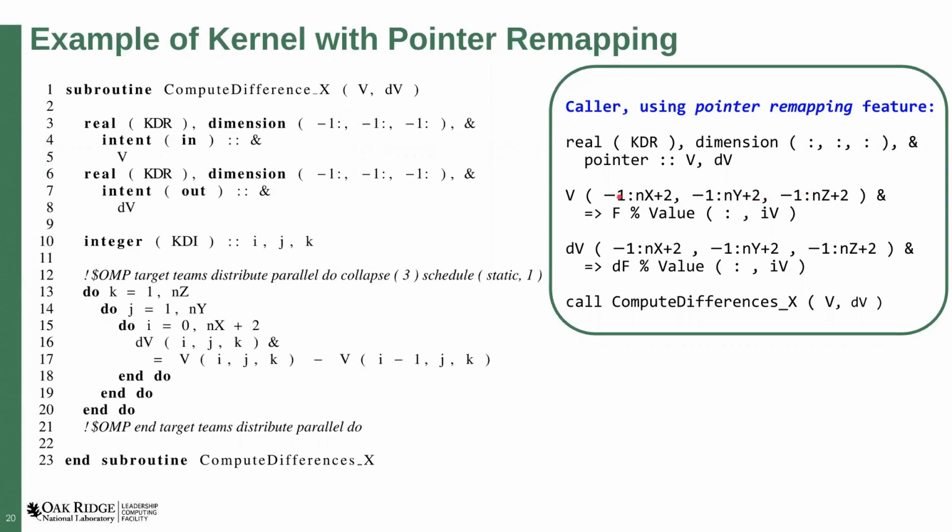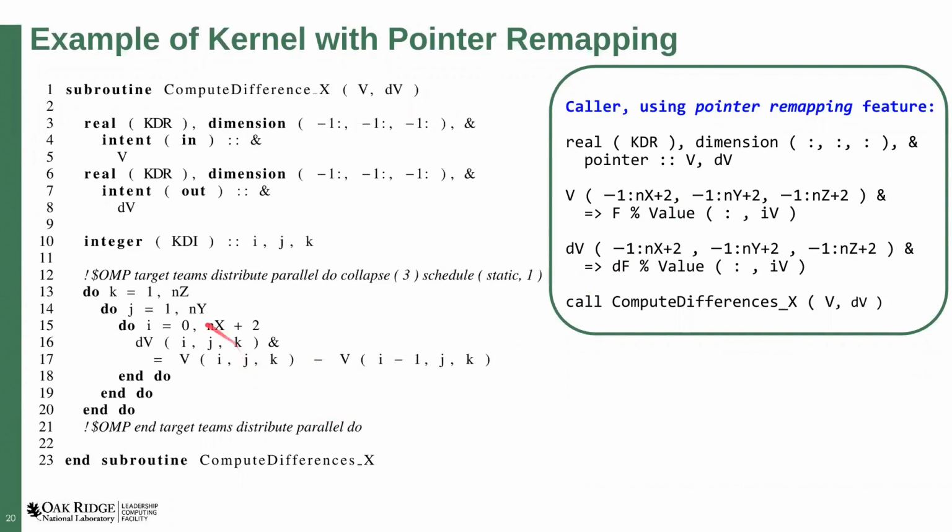In this case, for example, I'm addressing this first index with a 3D array using a pointer remapping, where the extra -1 and 0 and the +2 here represent our ghost cells. So V now is a 3D representation of this 1D array F value. It turns out this also works nicely with the way we map a variable in OpenMP.